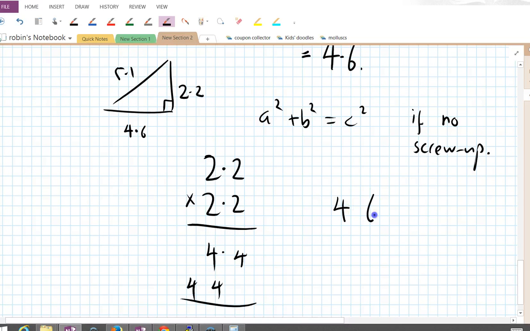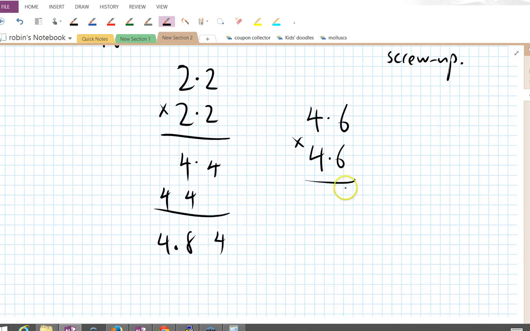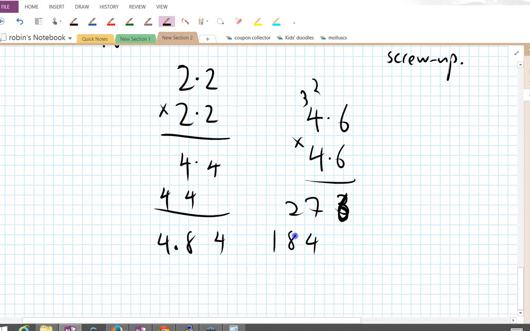Let's do that. 4.6, 4.6 squared. 6 6s are 36. Oops, that should be a 6. 3 to carry. 24, 25, 26, 27. 24 down, 2 to carry. 16, 17, 18. 6. 1 down, 1 to carry. 21.16.